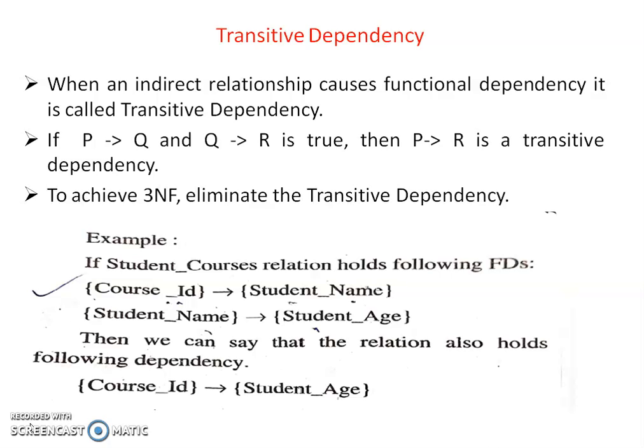So if P determines Q and Q determines R is true, then P determines R is a transitive dependency, and 3NF eliminates the transitive dependency. See in this example, if the student course relation holds the functional dependencies course ID determines student name and student name determines student age, then the relation also holds the dependency course ID determines student age.